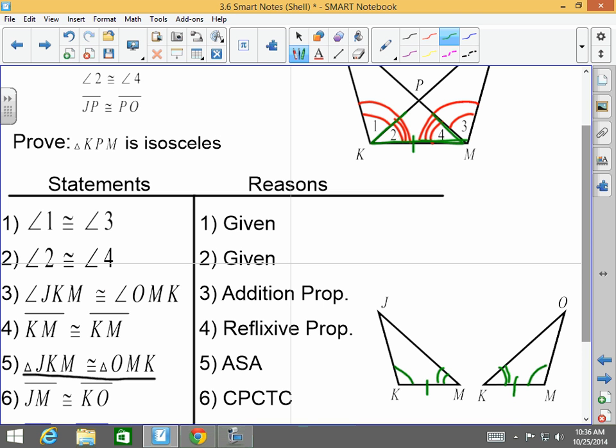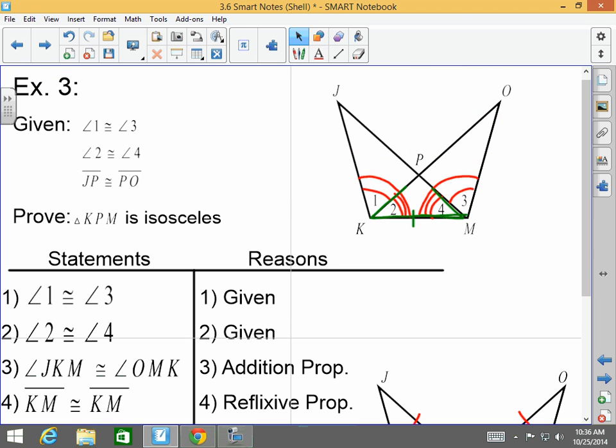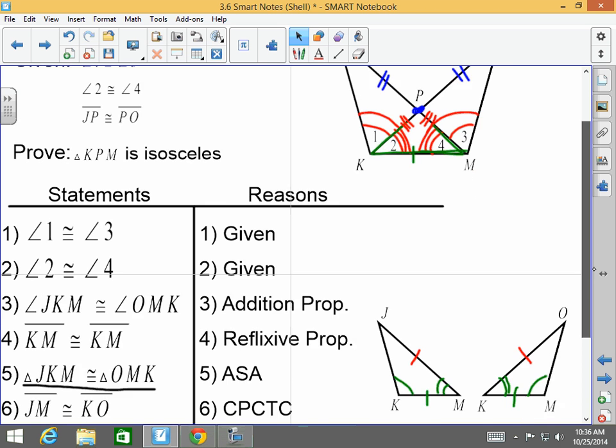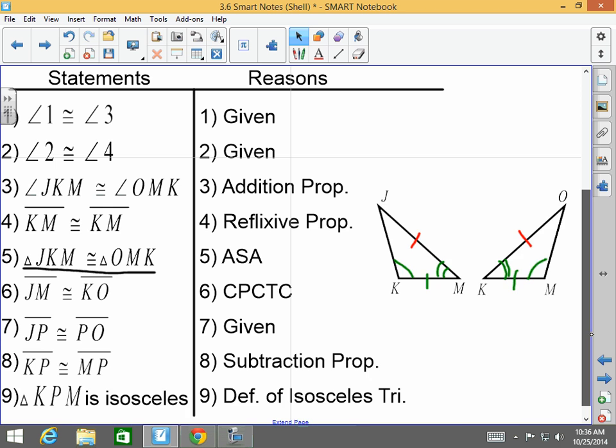Because of that, we know that JM is congruent to OK because of CPCTC. Then since they tell us that JP is congruent to OP, we can clearly prove that PK is congruent to PM because of subtraction property, step 8.